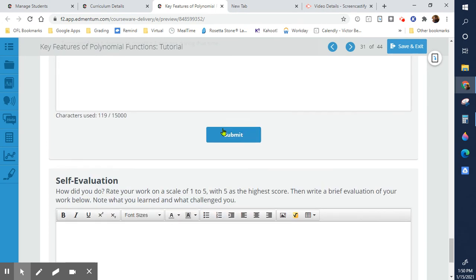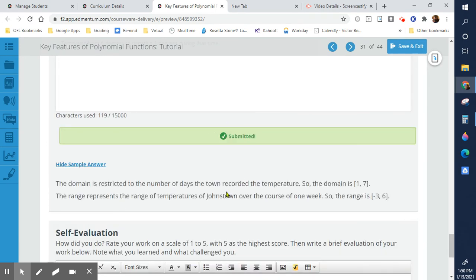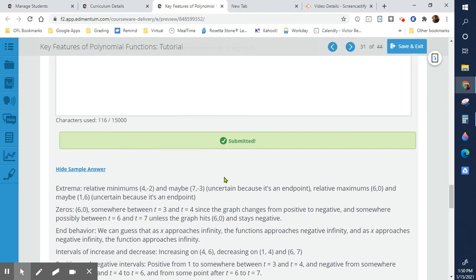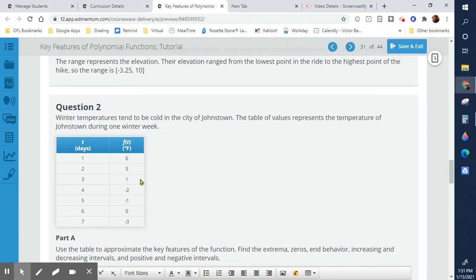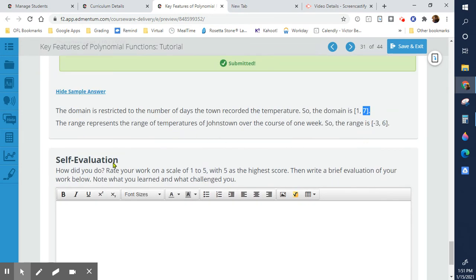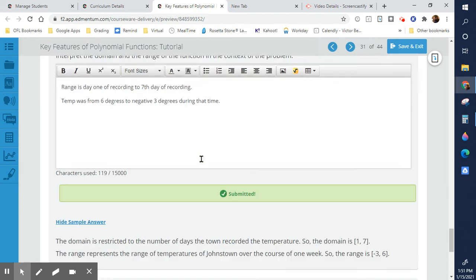And that's how you would phrase it with words. They're probably going to phrase it, oh, they actually did use words here. And they can use the notation here as well. They're using brackets because it did touch 1. It did touch 7. When did it touch 7? Did I miss that? I don't see when it ever got to 7. So I don't know where they got that 7 from. Oh, 7 days. This is the domain. So the domain is from day 1 to day 7, and then the range is from -3 to 6. Okay, that makes much more sense.